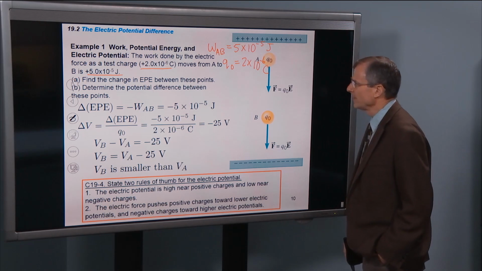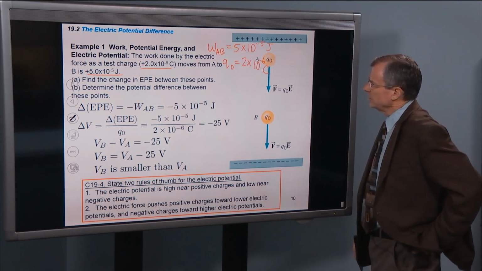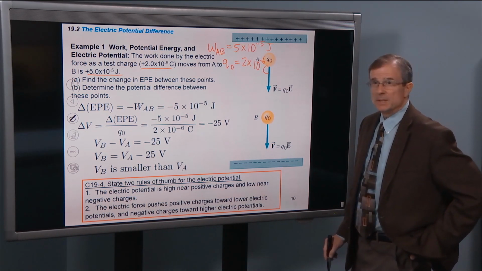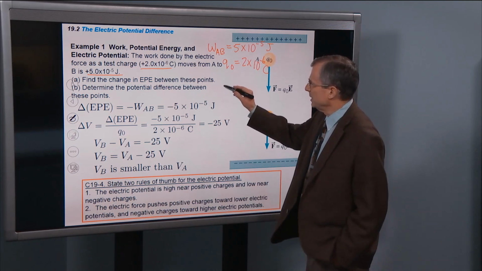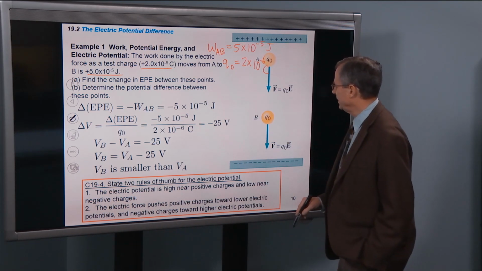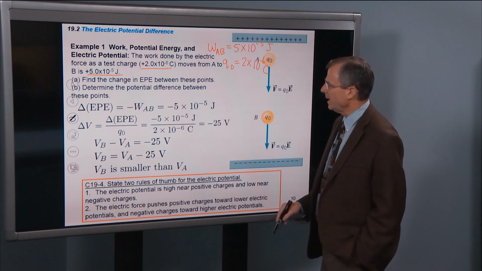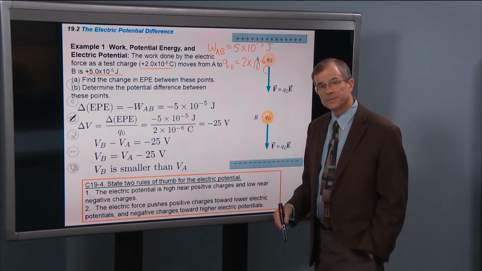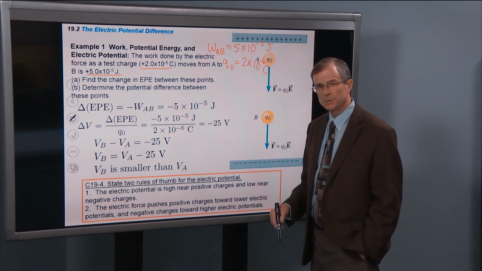And so we're interested in knowing two things. The change in the electric potential energy between these 2 points and the potential difference between these 2 points.